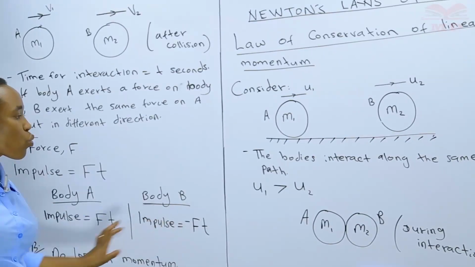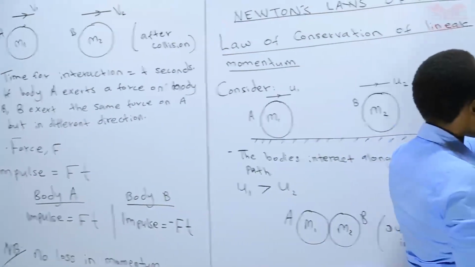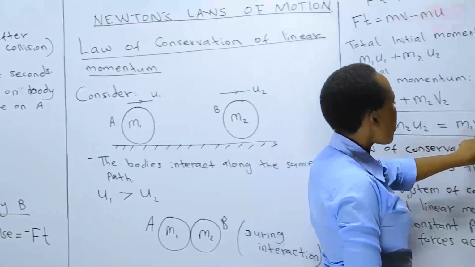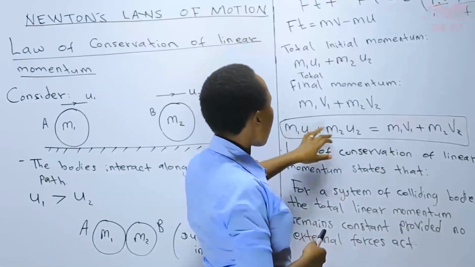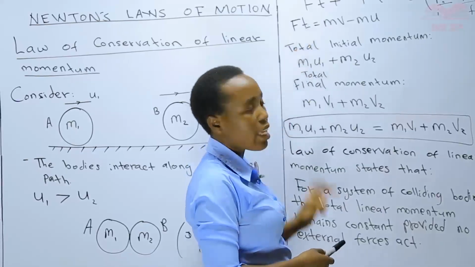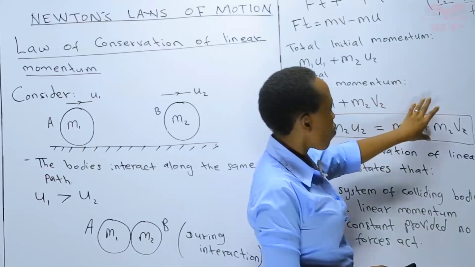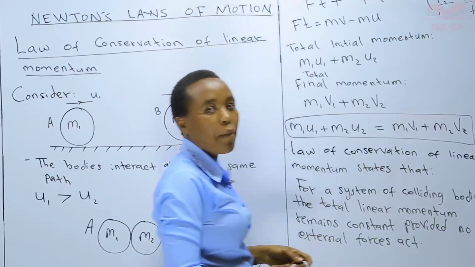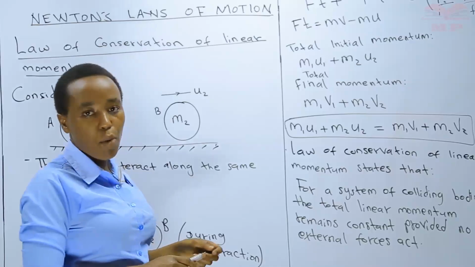When we add these two, we get 0, meaning that the total initial momentum is equal to the total final momentum, because the change in momentum is simply equal to the impulse. That is what we call the law of conservation of linear momentum.